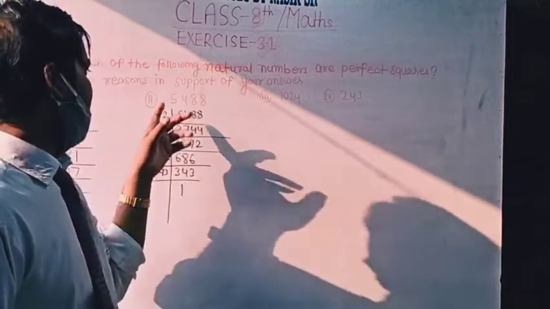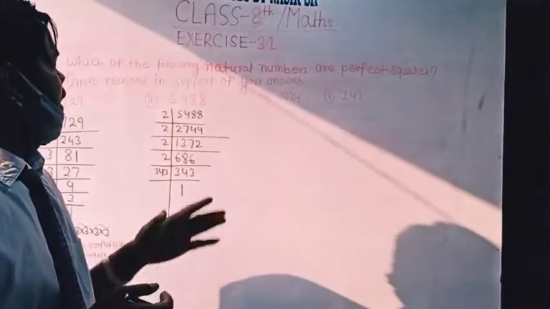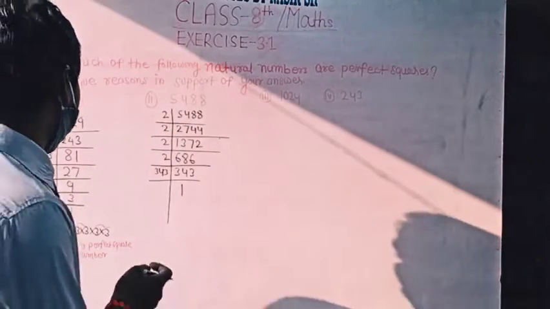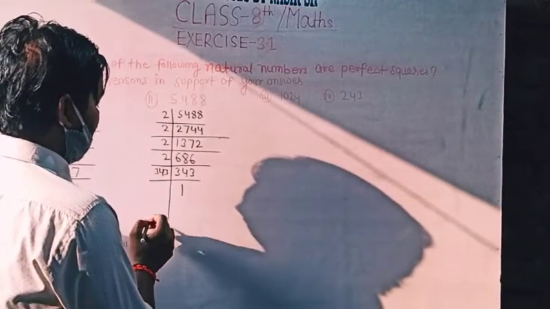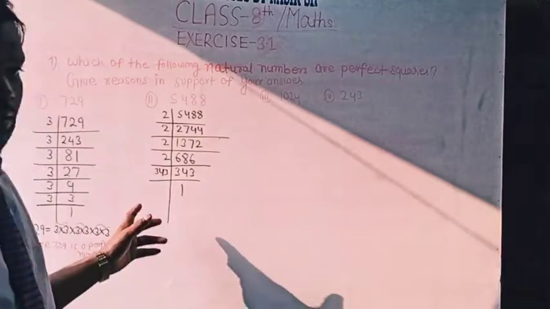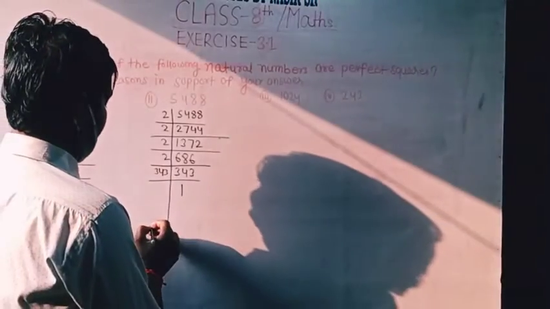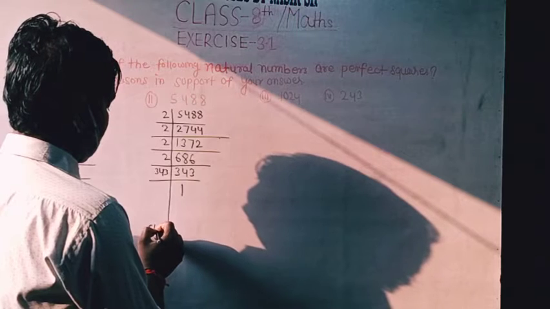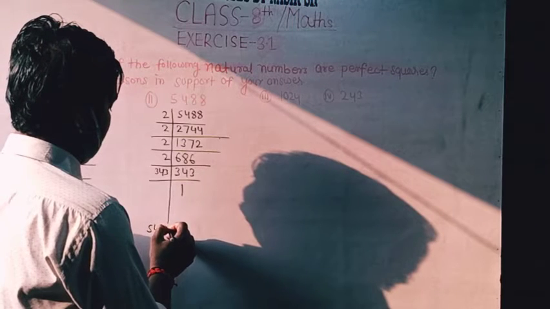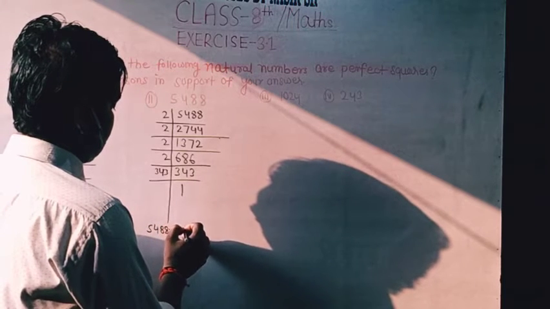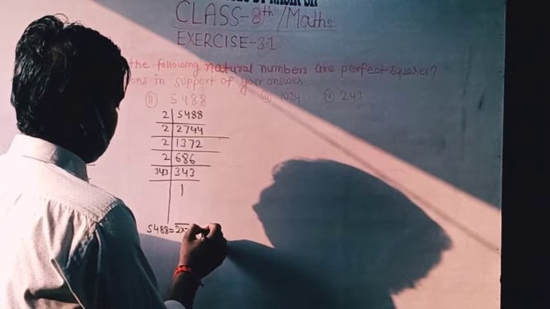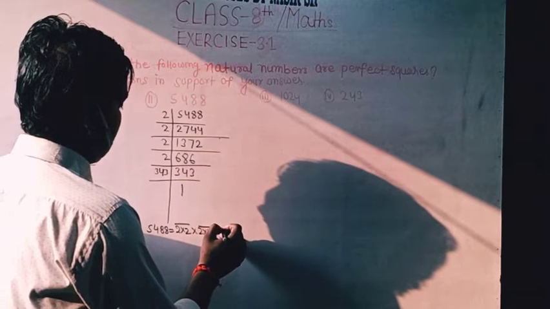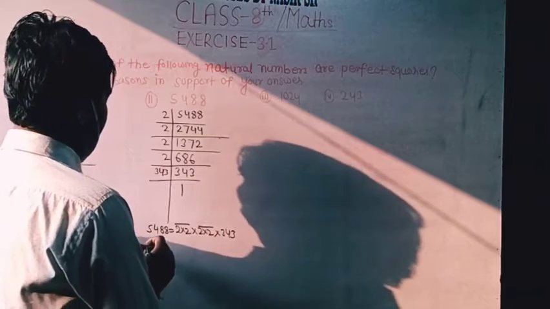For the second part, the given number 5488 cannot be expressed as the product of equal pairs of prime factors. Here 5488 is 2 into 2 into 2 into 2 and 7 into 7 into 7.